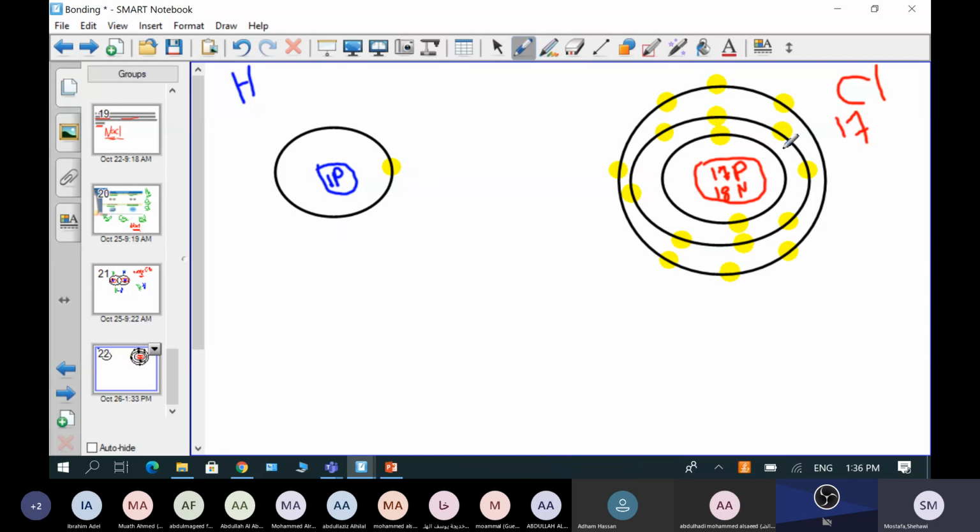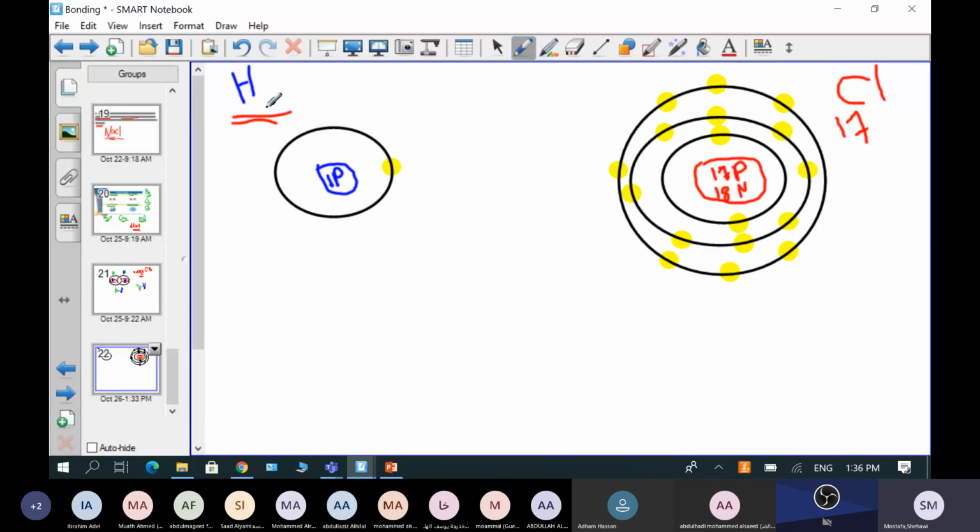So this is a non-metal and this is a non-metal. Both of them want to reach a stable electron configuration. Hydrogen wants to reach helium, which has only 2 electrons in the outermost shell, and chlorine wants to reach the argon electron configuration, which has 18 electrons. So this one needs to gain or share 1, and this one needs to gain or share 1.